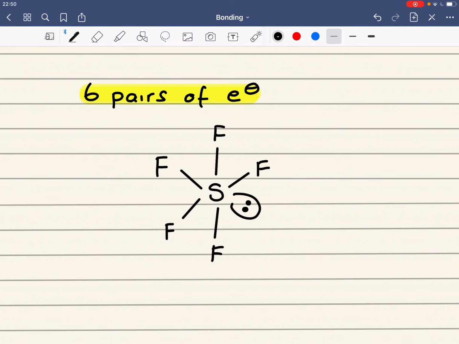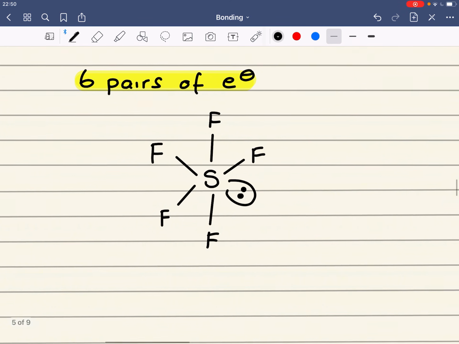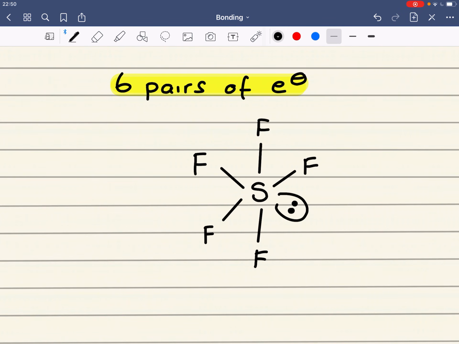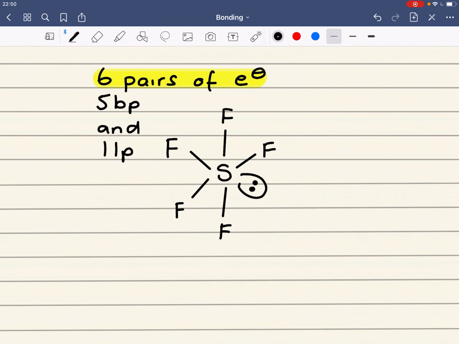Again, I'm not going to draw the square brackets and the minus, but this would be for an SF5 minus ion. And here we've got 5 bonding pairs and 1 lone pair. So I'll just make a note of that, 5 BP and 1 lone pair. And again, this bond angle here would be 90 degrees.